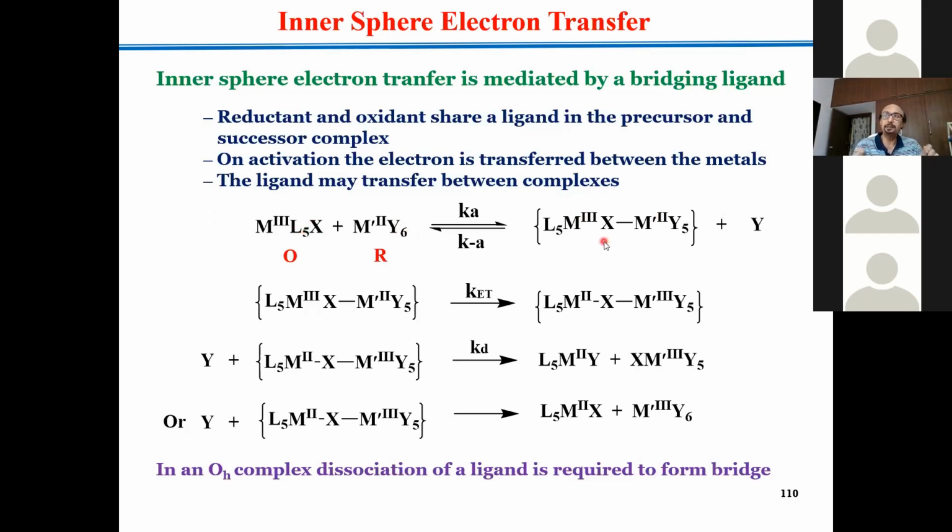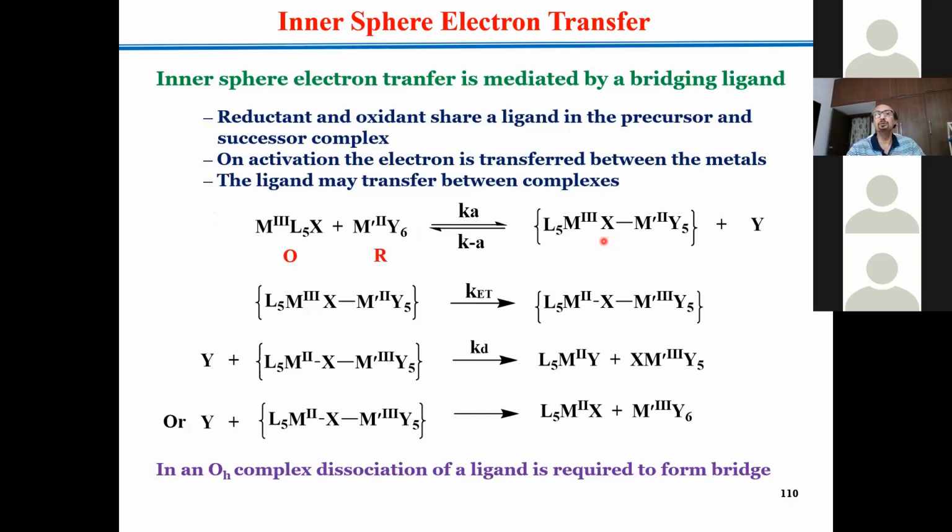So everything depends on the electronic situation of X and Y, or L, X, and Y. There are 3 types of ligands. The best electronically rich one will form the bridge.